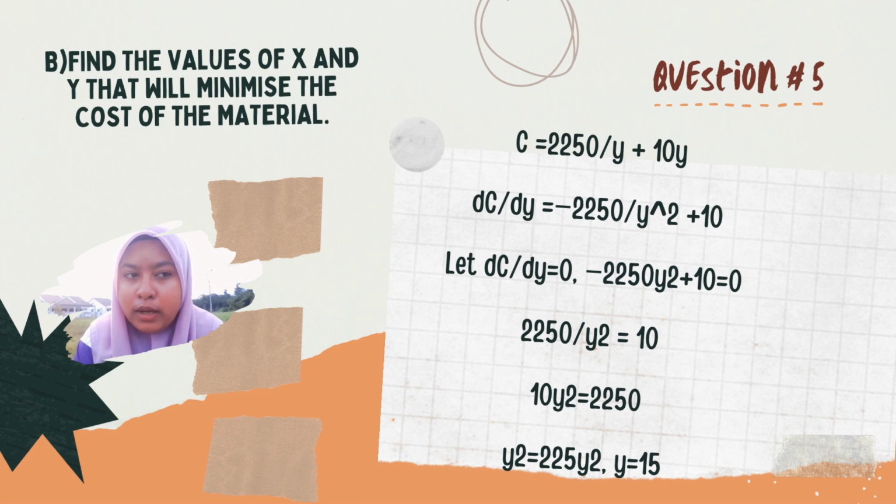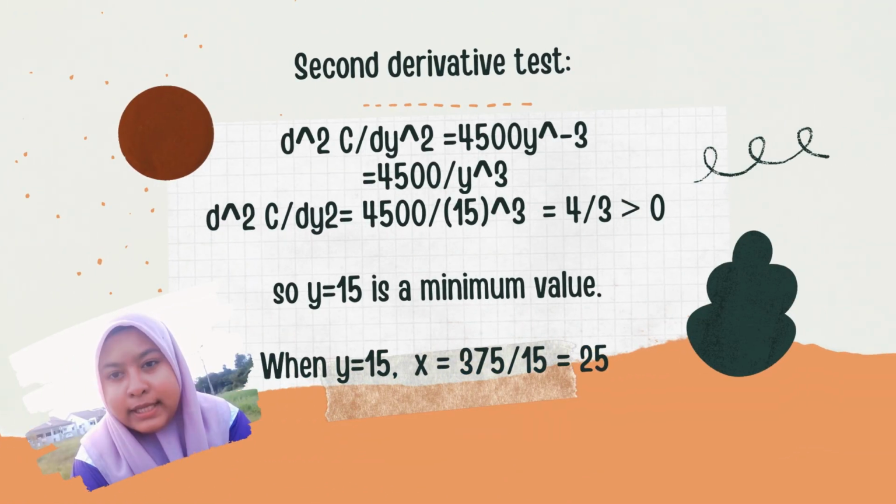Then 10 y to the power of 2 equals 2250. Lastly, y to the power of 2 equals 225. Then we can get y equals 15. Okay, that's the answer.